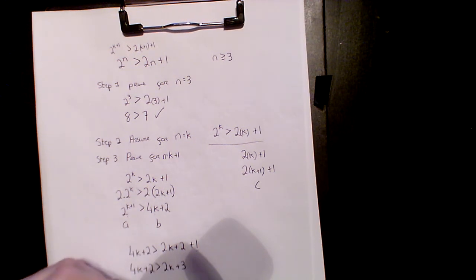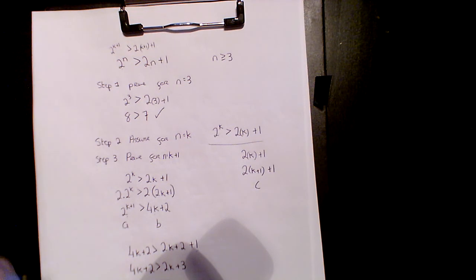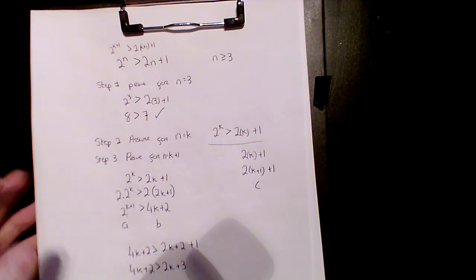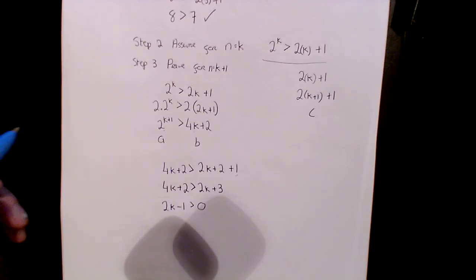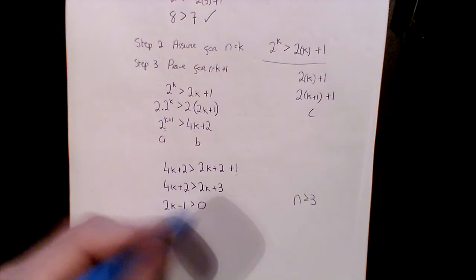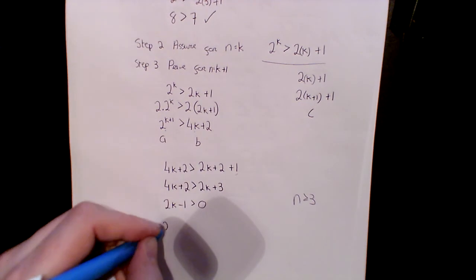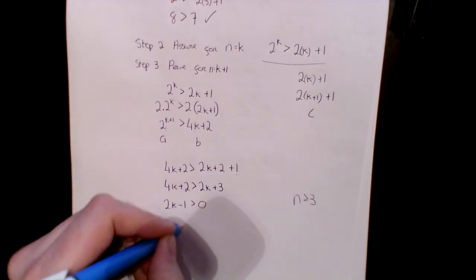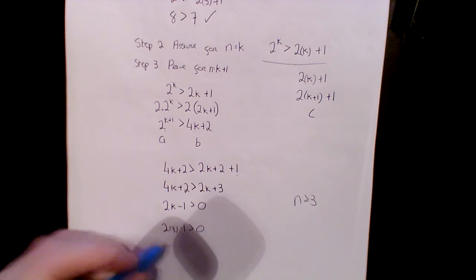Now we start bringing things over and we get 2k minus 1 is greater than 0. And we're going to check for 3. So we put 3 in here, because it said for n is greater or equal to 3. So we'll see if this works if I put in 3. So we have 2 times 3 minus 1 is greater than 0.